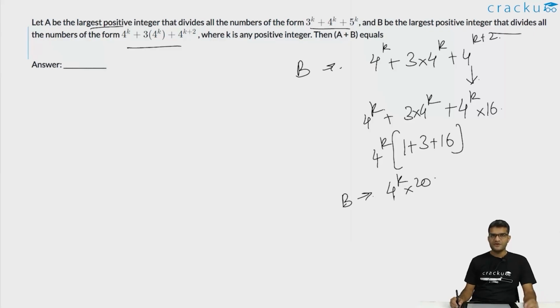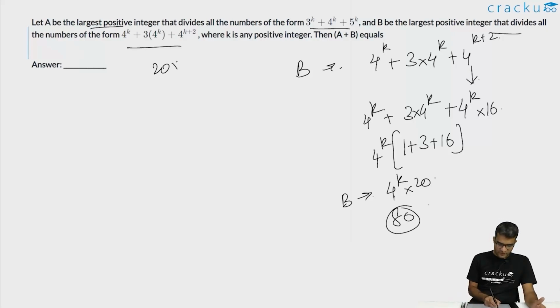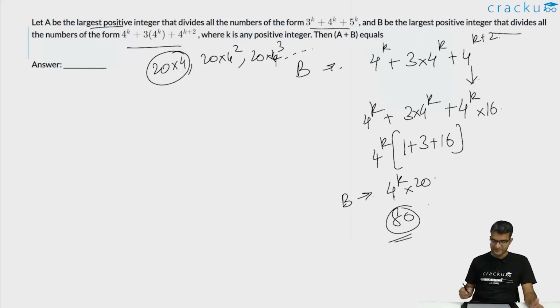So the value of b will be, when k is equal to 1, this is equal to 80. Because b is the HCF of all the numbers which are of the form 20 into 4 to the power k. So that is 20 into 4, 20 into 4 square, 20 into 4 cube, and so on. So clearly the HCF is 20 into 4, which is 80, which will be the value of b.